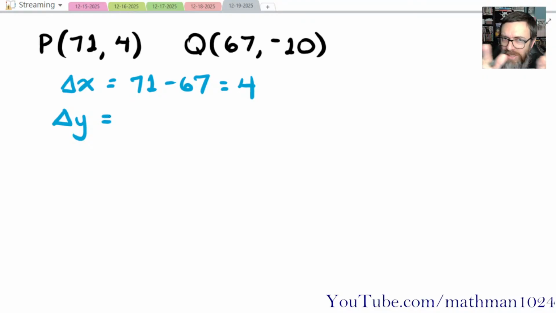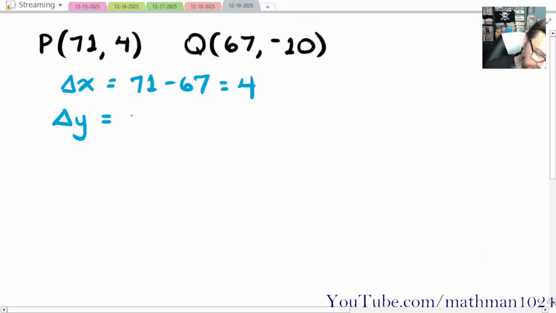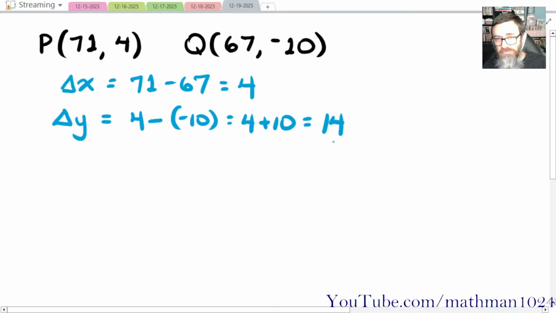So the total distance between them should be 14. If I do this as 4 minus, and then I do the second guy, this becomes 4 plus 10, which is 14.